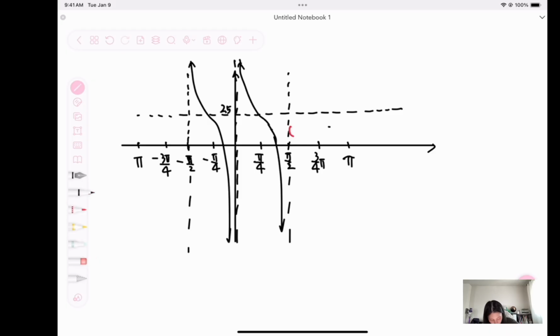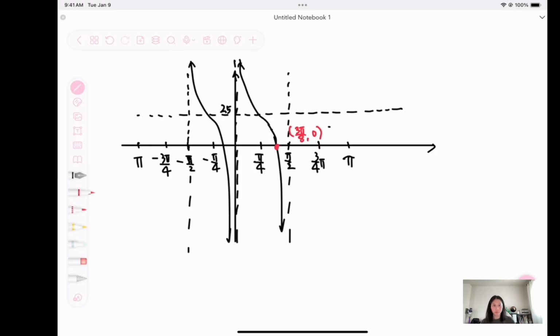Let's make this become the midpoint, still in the middle of the center and the asymptote. So this should be 3 pi over 8, and that gives you a 0.